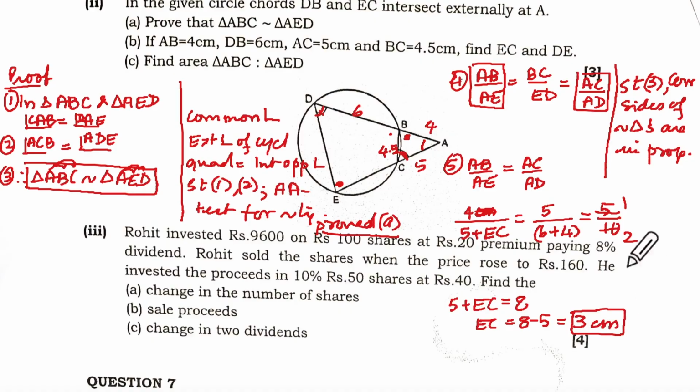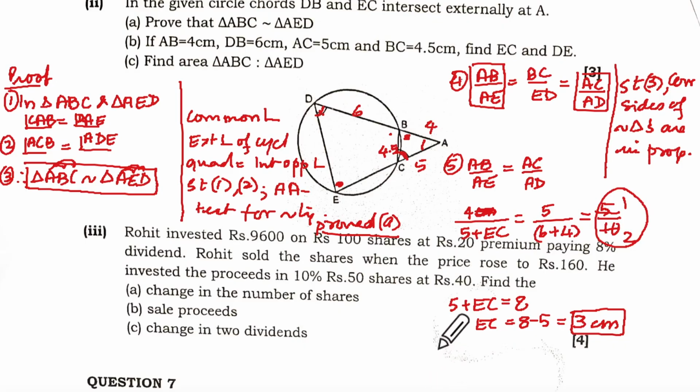Now remember, this half is important because that means the ratio of the corresponding sides, each one of these is equal to half. Understood? So this is most important.